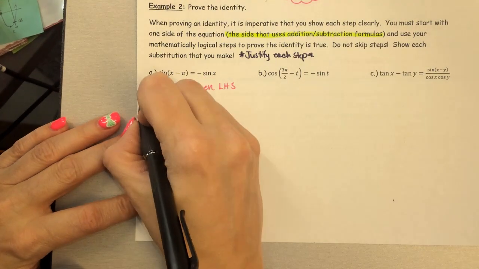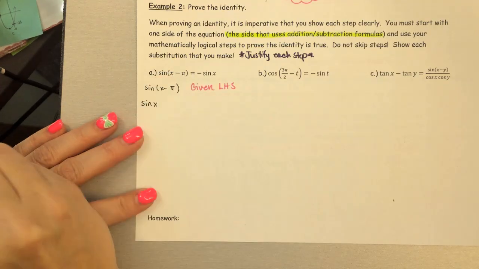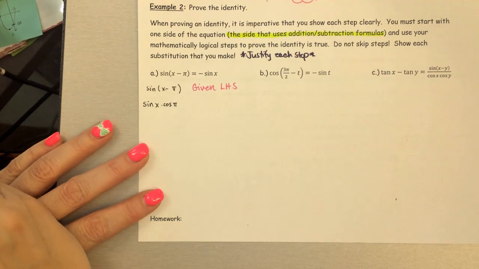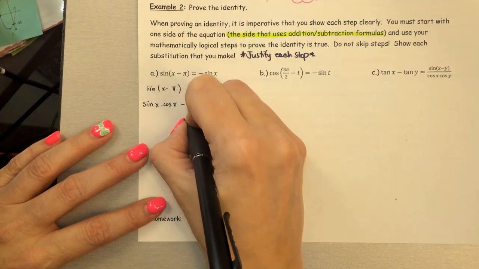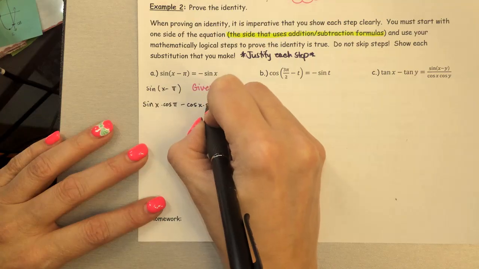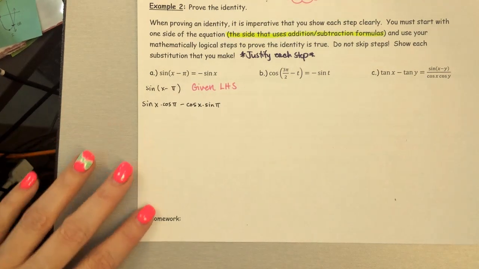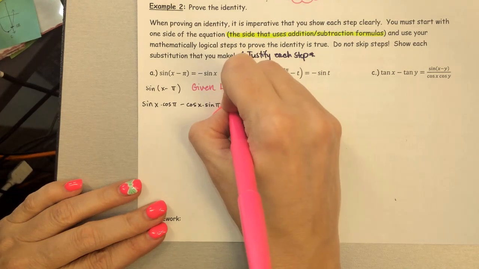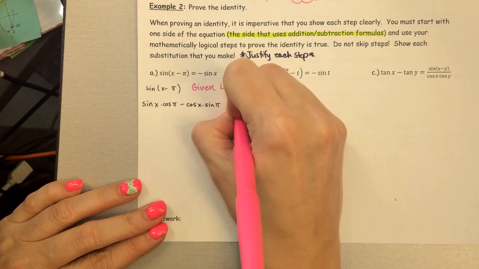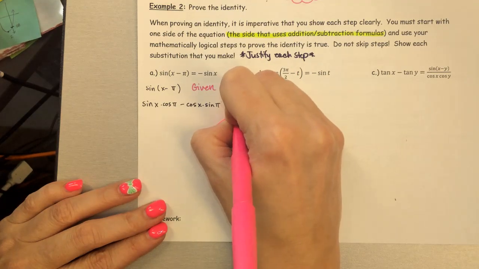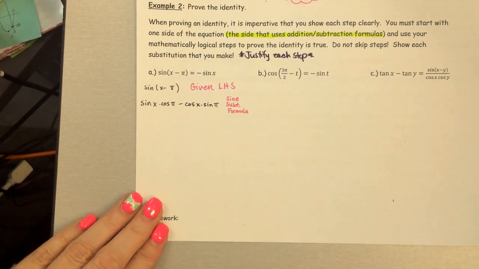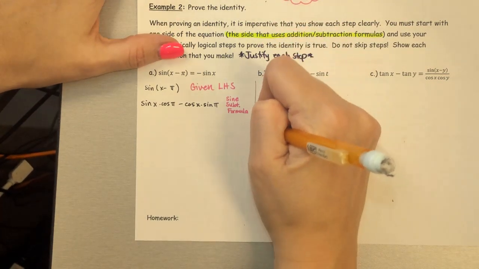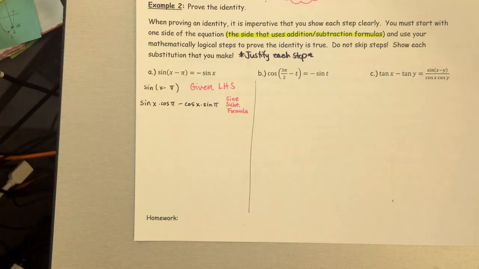So the formula for subtraction is the sine times the cosine minus the cosine times the sine. Your rule is just going to be the sine subtraction formula, and we can abbreviate that. Just keep those in columns.